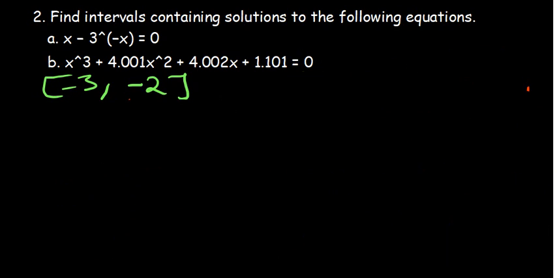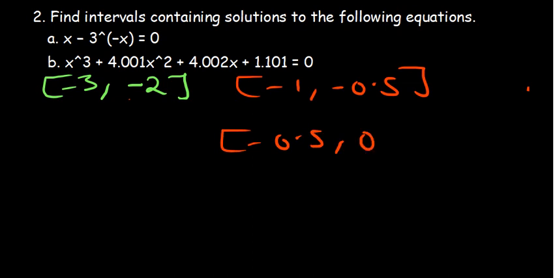For your own comparisons, in case you are done, the expected solutions that you should have on that interval, apart from negative 3 and negative 2, are between negative 1 and negative 0.5, there should be a value there. Between negative 0.5 and 0 there should be an answer as well.